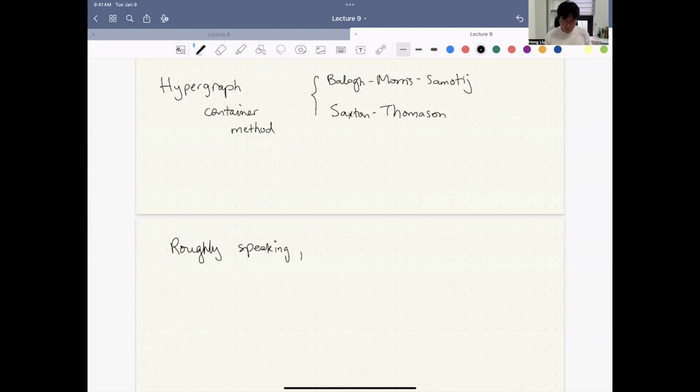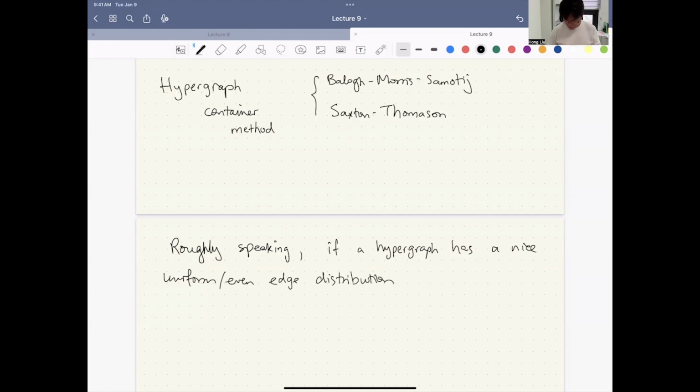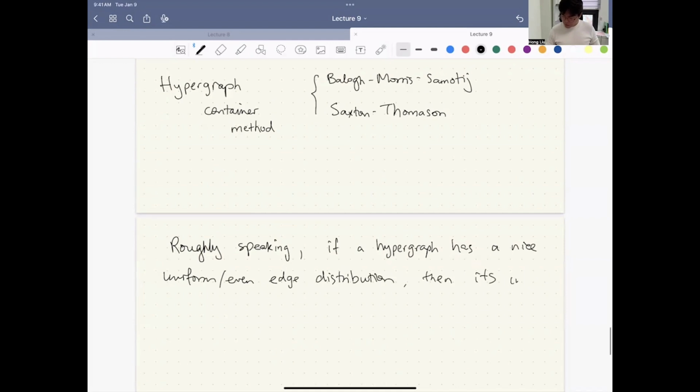So roughly speaking, if a hypergraph has a nice, uniform or even edge distribution, then its independent sets exhibit a clustering phenomenon.